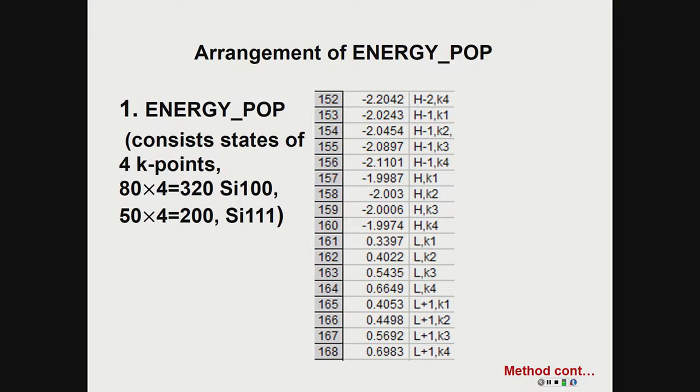On the other hand, this is LUMO for K point 1, K point 2, K point 3, K point 4, then LUMO plus 1 for K point 1, and it is continuous up to 320 states. For silicon 111, we are interested in 50 orbitals, so the total number of states in this bigger file is 200.